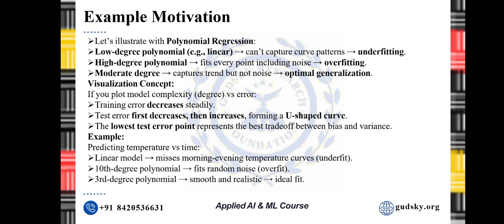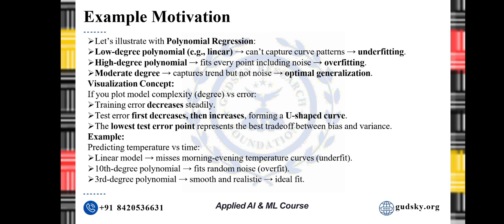That's the ideal generalization. If we plot model complexity, like polynomial degree, versus error, we get a beautiful U-shaped curve. Training error goes down as complexity increases, but the test error first decreases, then increases again. The point where test error is lowest is our sweet spot, the perfect trade-off between bias and variance.